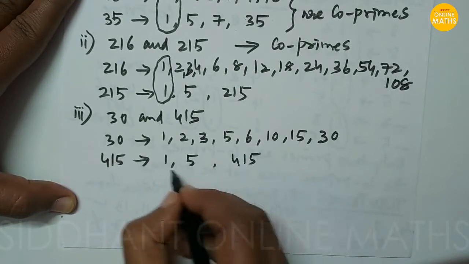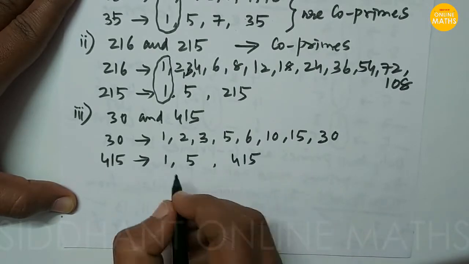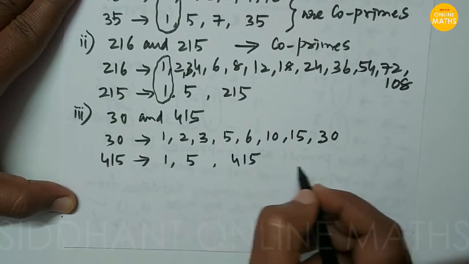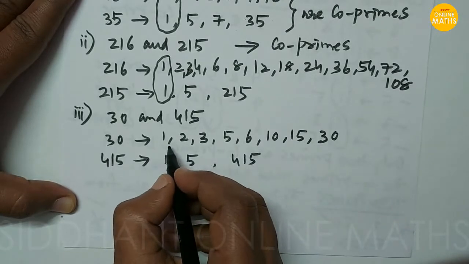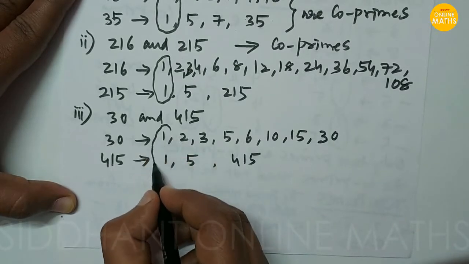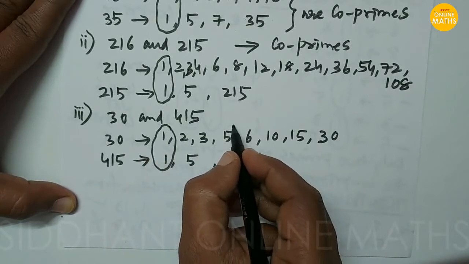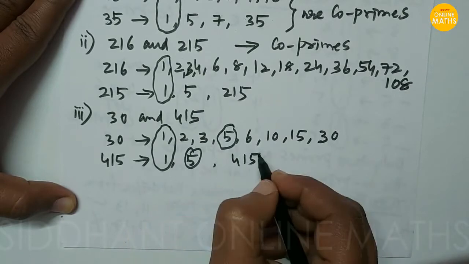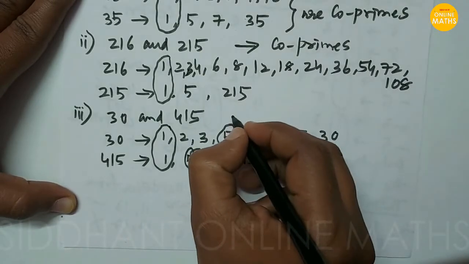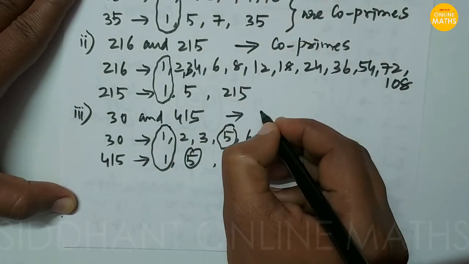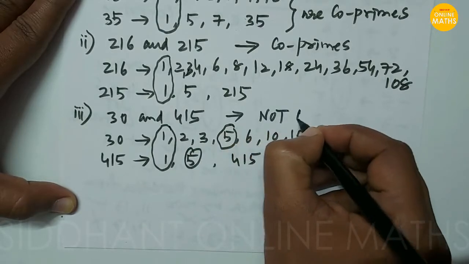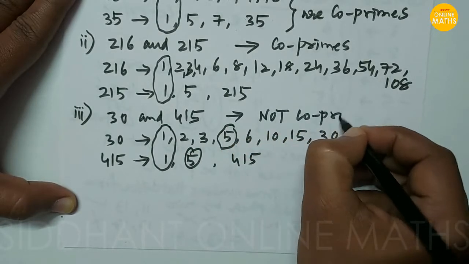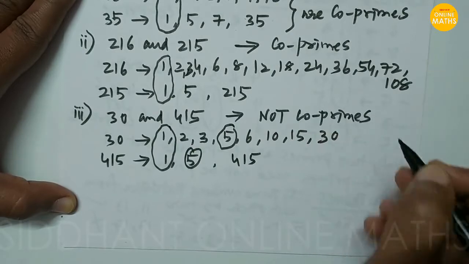No need to go for all the factors now. The common factors are 1 and also 5. It has more than 2 common factors, so we can say that these two numbers are not co-primes, because they have more than 1 common factor.